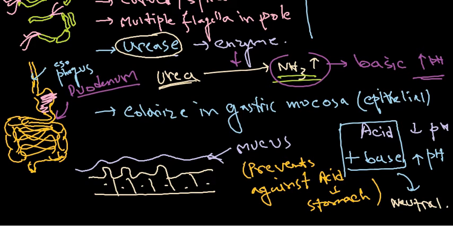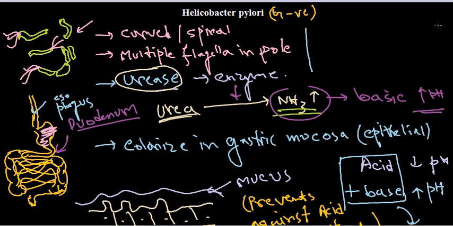Another important thing is that they are related with different kinds of gastrointestinal diseases, with symptoms like diarrhea, abdominal cramp, and all these things, because they are related with gastritis actually. So they're related with different types of gastritis, and also with what we call ulcer, right?